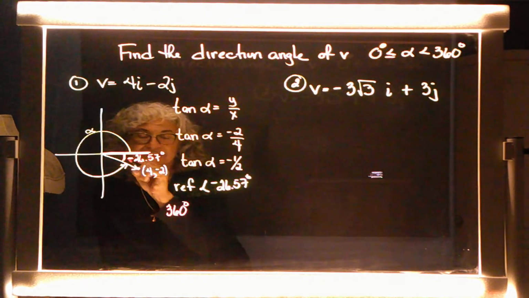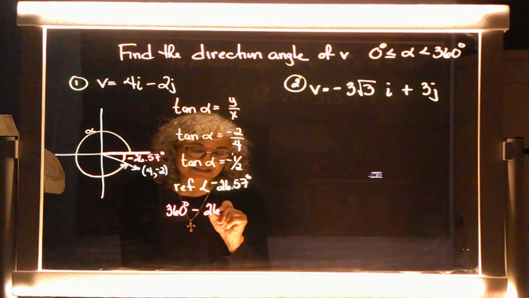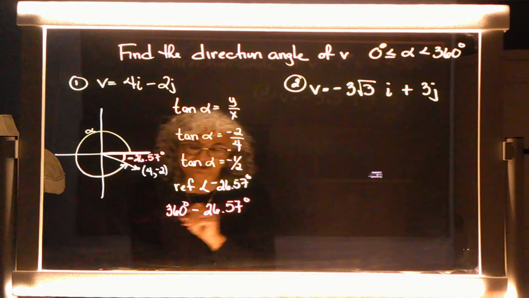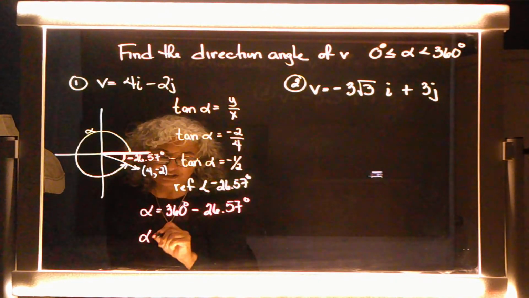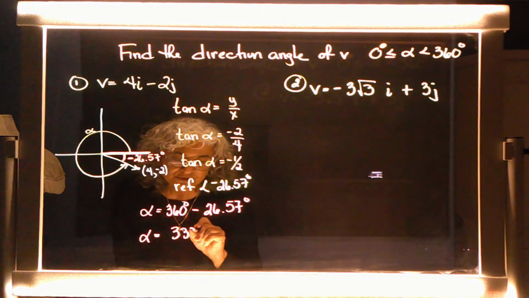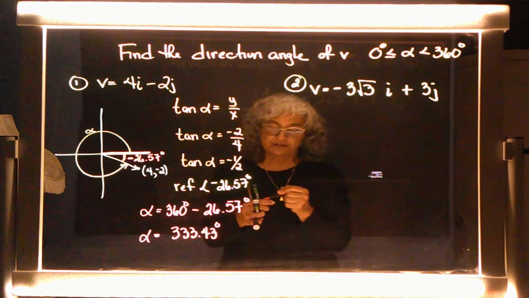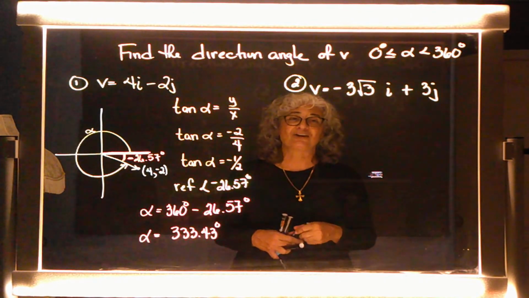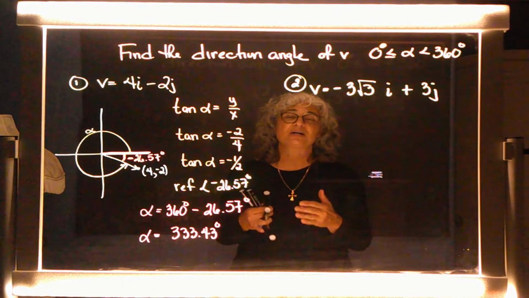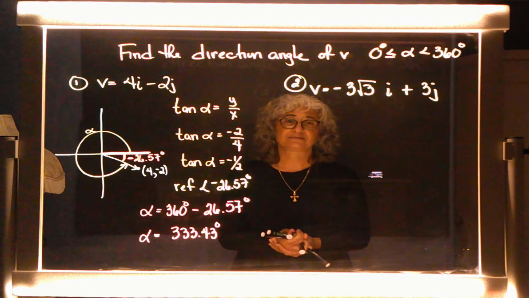And since it's a negative number, we're minusing the 26.57 degrees. This is how we're actually going to find alpha. And when we do this, we get 333.43 degrees. That is the alpha. And that certainly is a quadrant 4 angle, isn't it?